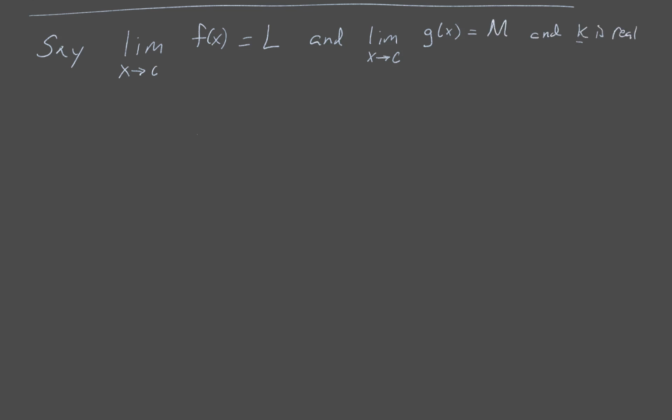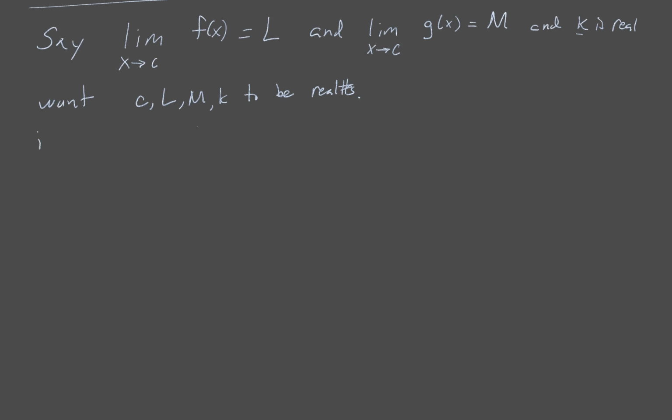So I've got another number k, which is a real number. So we want c, L, m, and k to be real numbers. And I've got two different functions, f and g, and we have this relationship between those functions, the input c, and the limits L and m.